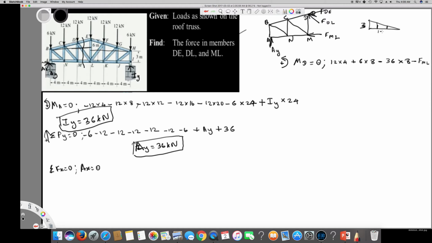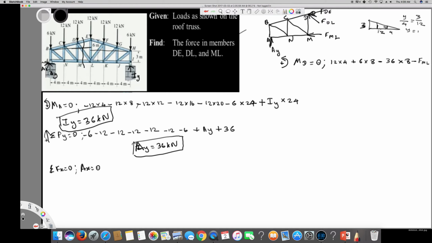So 3, 12, and let's say this is y, this is 4, right? If I find the ratio, it's going to be y over 4 equal to 3 over 12. If I multiply, I will get y equal to 1.